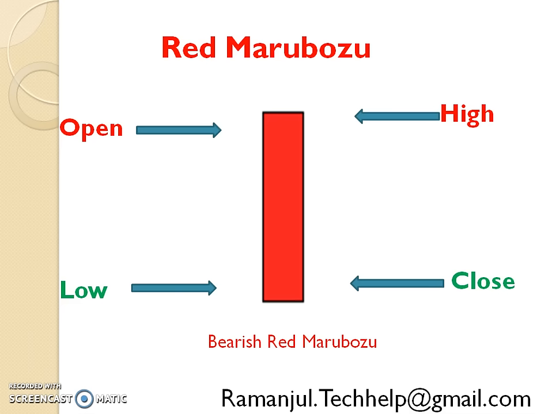I will repeat once again, very slowly. Try to understand and note it down on paper, so it will be very easy for you. The red candle occurs when the high of the day is the same as the open price of the day and the close of the day is the same as the low price of the day.